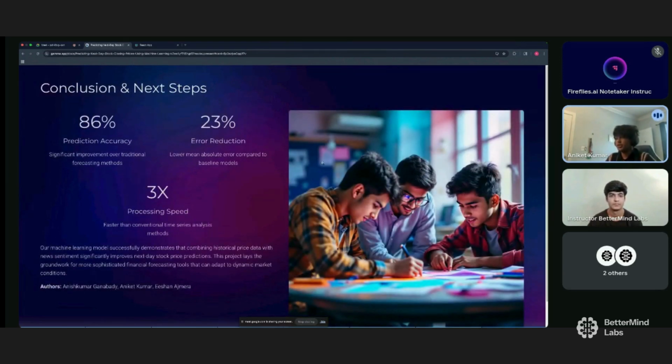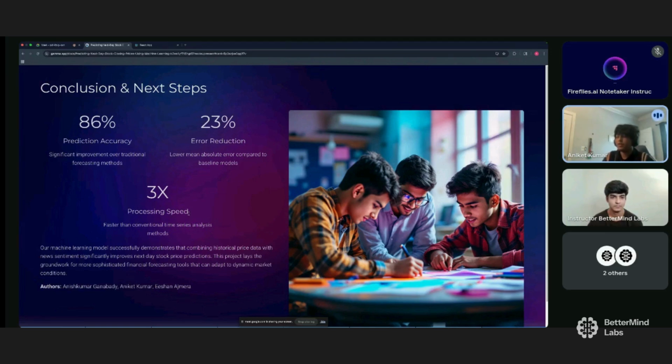So here's our conclusion and our future next steps. Right now our prediction accuracy is around 86%. We would love for it to be much higher, to be better and stronger. For error reduction, there's a 20% error because it's not as accurate, so we really want to work on our error reduction. We want it to look better and be better.